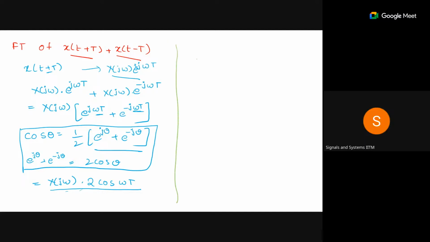Similarly, we'll do the Fourier transform for delta of t plus 2 plus delta of t minus 2. So what will be the Fourier transform for this? It is similar, right? Instead of x here we are having delta, and instead of capital T we are having 2. So first you have to tell me what is the Fourier transform of delta of t.